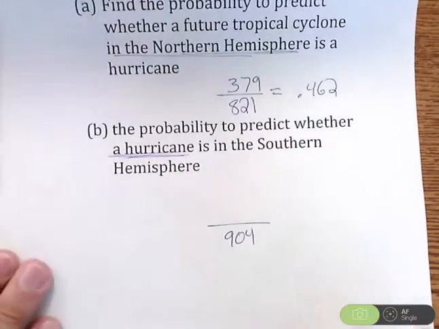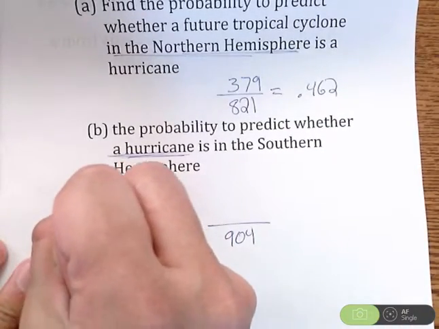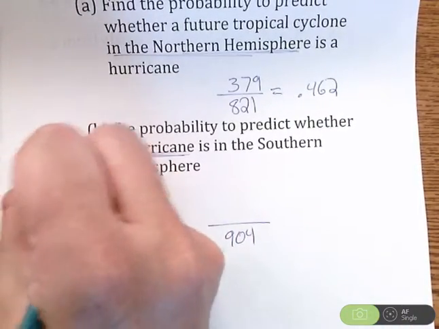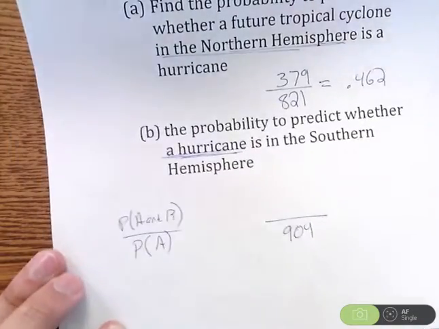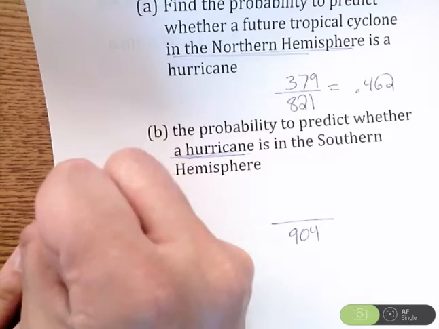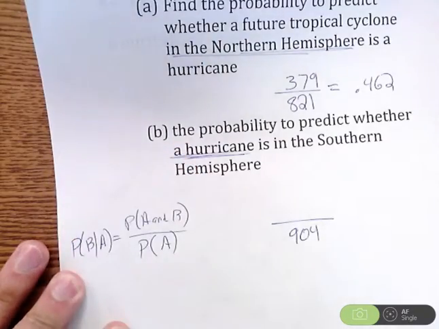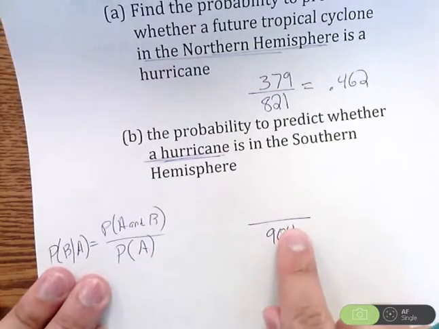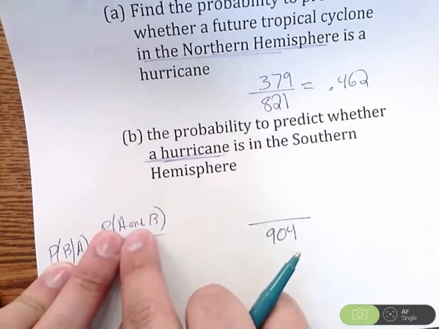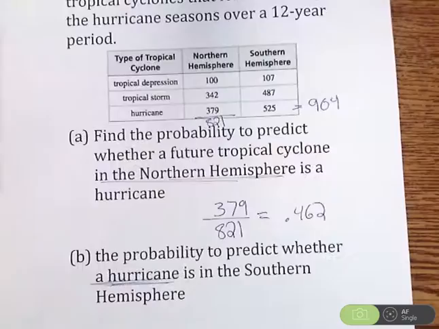What's going on here is I'm doing the probability of A and B divided by the probability of A. From what we talked about in class, that is your conditional probability. How many total hurricanes do I have? That represents A, 904. Now I need to figure out how many total hurricanes in the southern hemisphere I have.